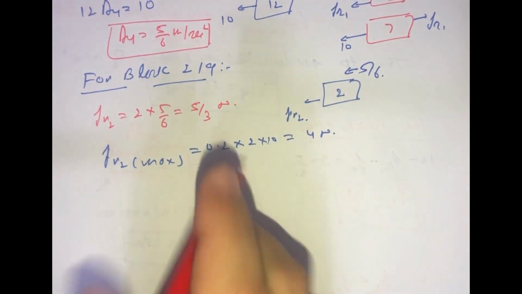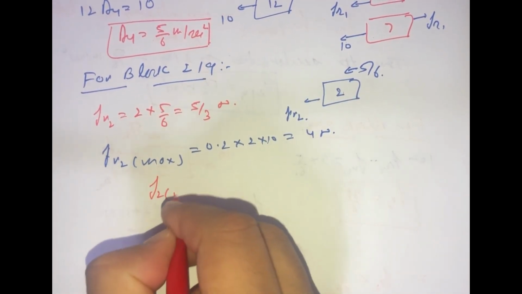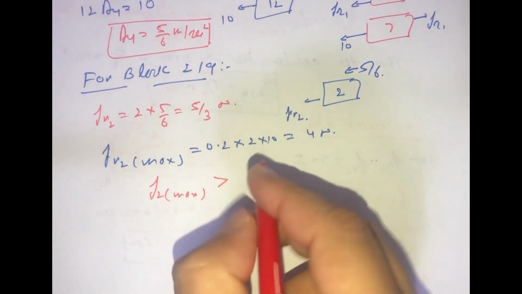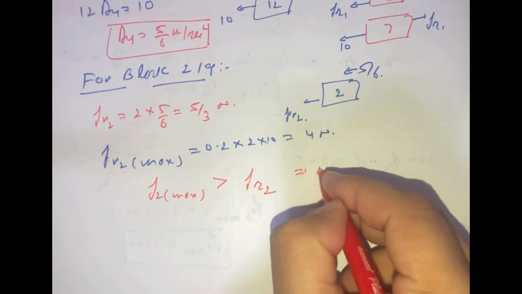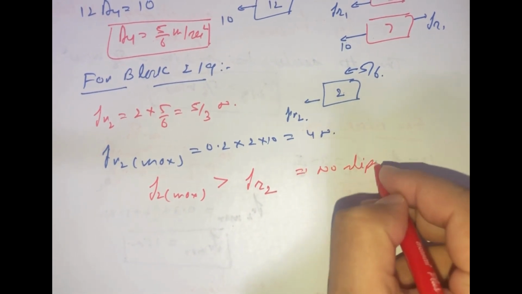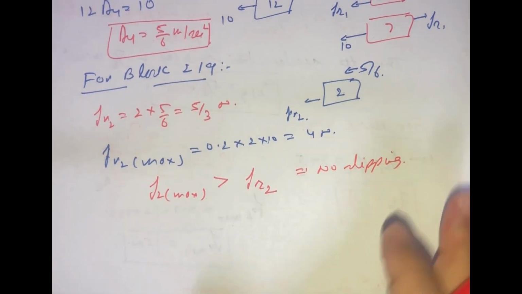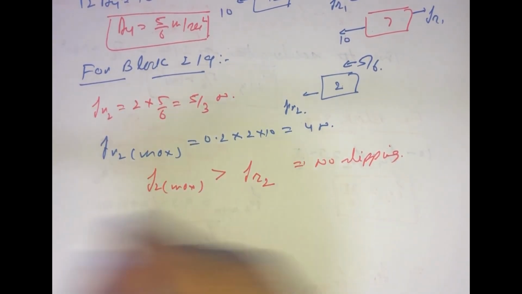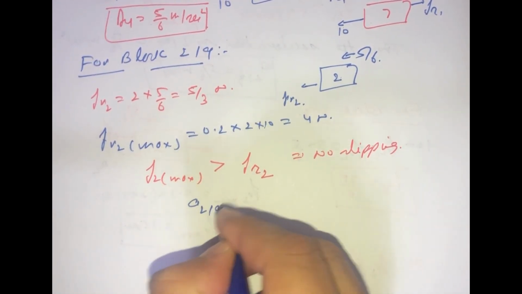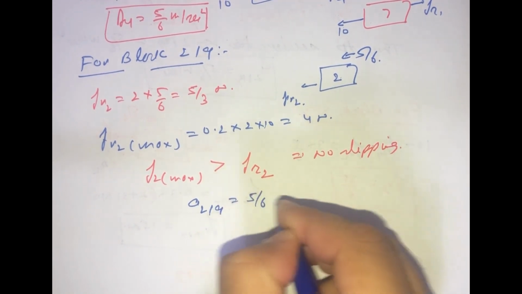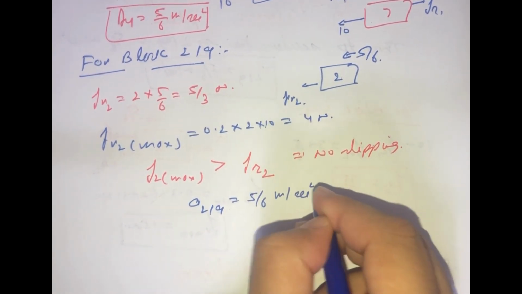So maximum available, FR2 max, is greater than the required. So it means no slipping. So if no slipping is going to take place, the acceleration of 2 kg will be equal to 5/6 meter per second square.